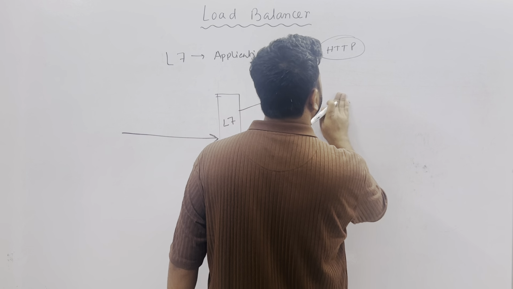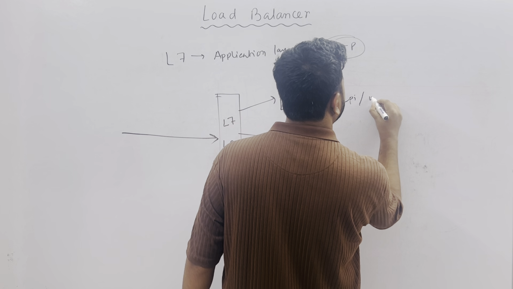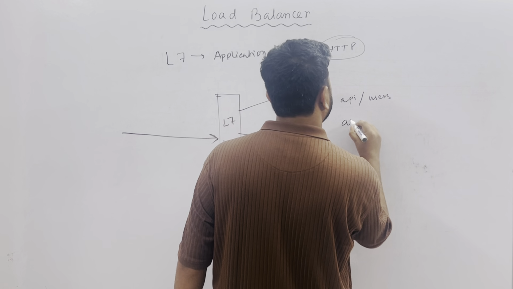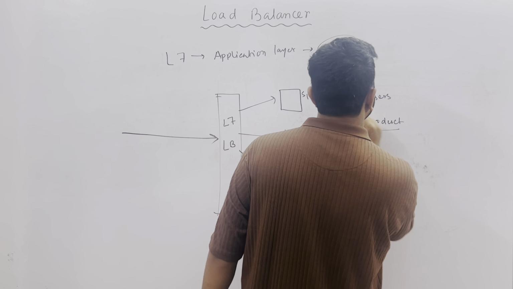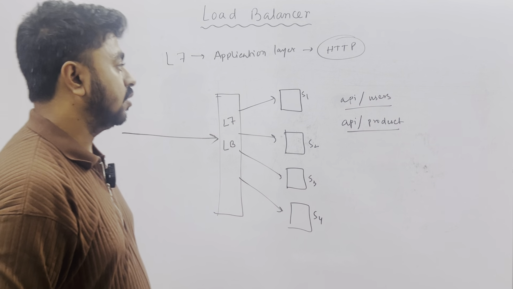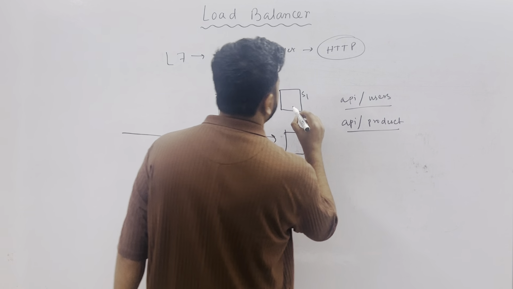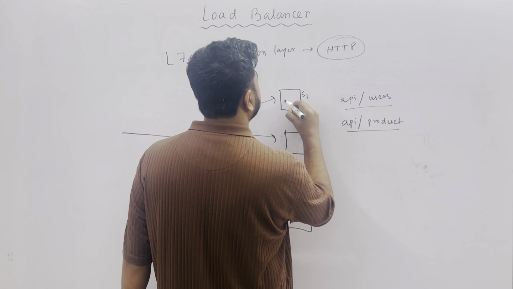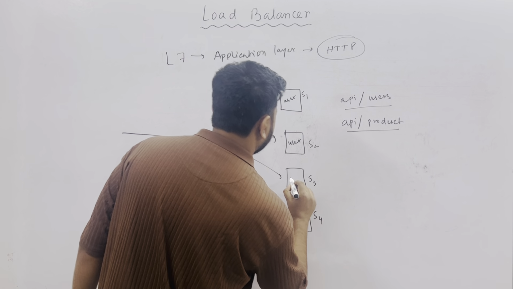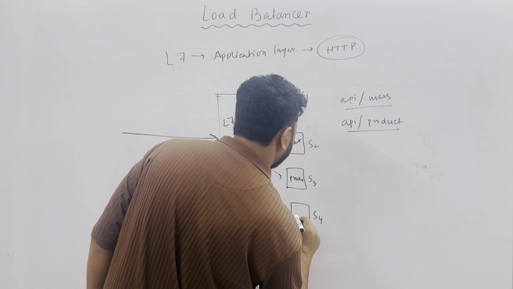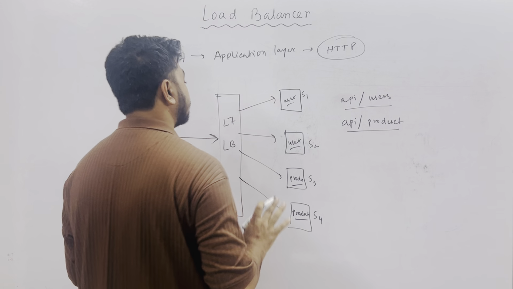Suppose two types of requests are coming: one is API /users, another is API /product. For example, in S1 the user service is deployed, S2 also has the user service, S3 has the product service, S4 has the product service. Just consider this on a high level.